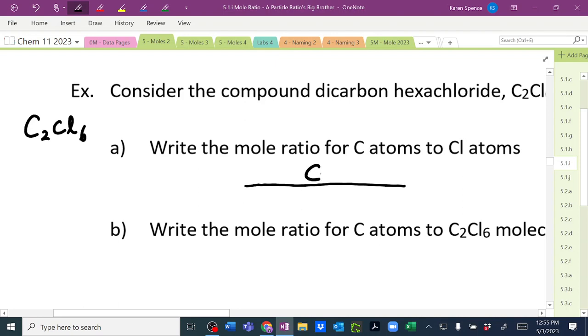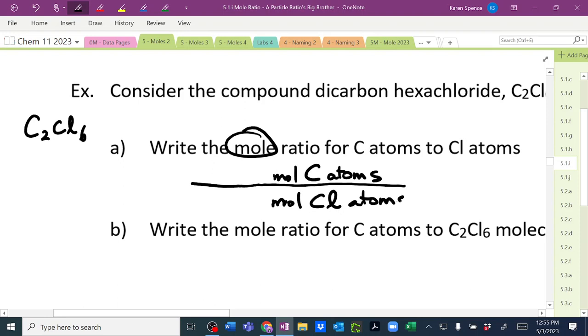I don't just want chloride atoms, I want the mole ratio, so I want moles of carbon atoms to moles of chloride atoms.